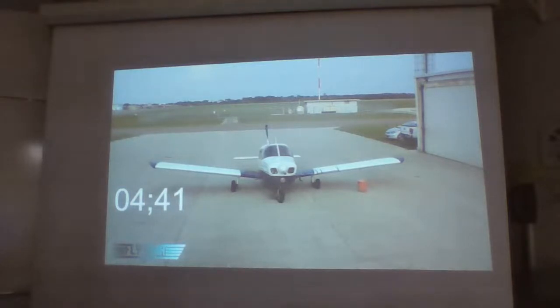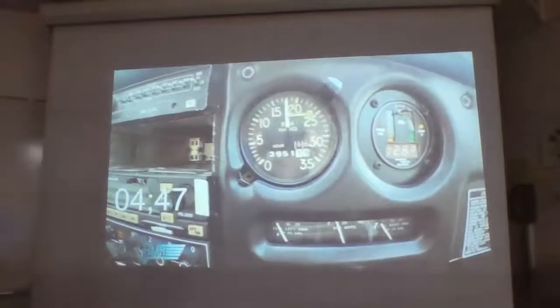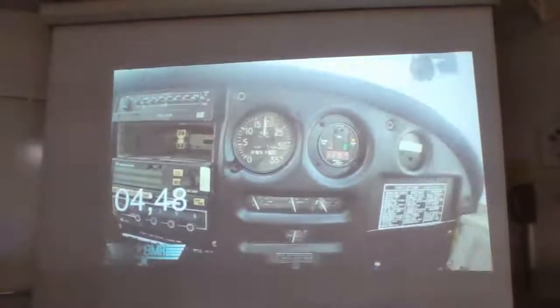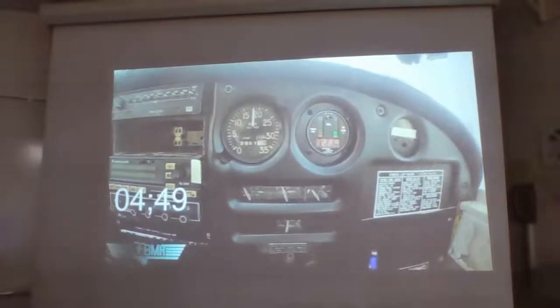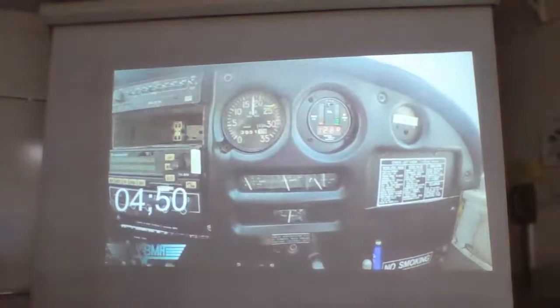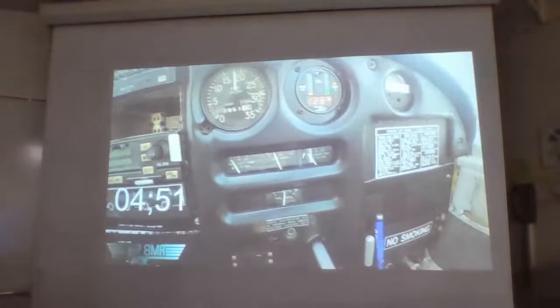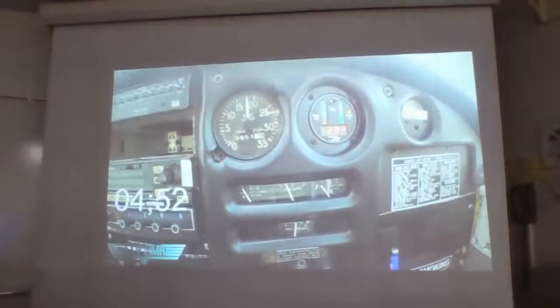You'll see how we're playing with the mixture to get the best power out of the engine. We're possibly turning the fuel pump on and off, playing with the throttle a little bit. Maybe full throttle is actually not going to give you best power. Maybe reducing the throttle, closing the throttle plate a little bit helps. Keep an eye out for all those little fine details we do to get the most power out of this engine and make it last as long as possible to get us somewhere where we would want to land rather than have to land.